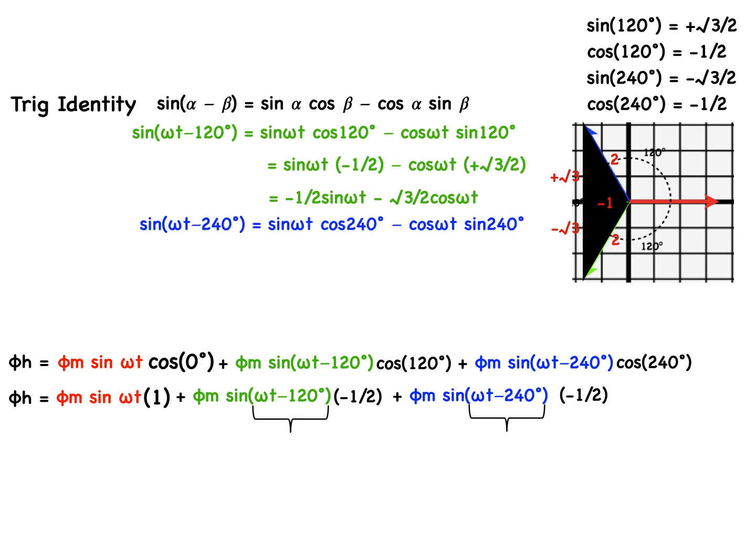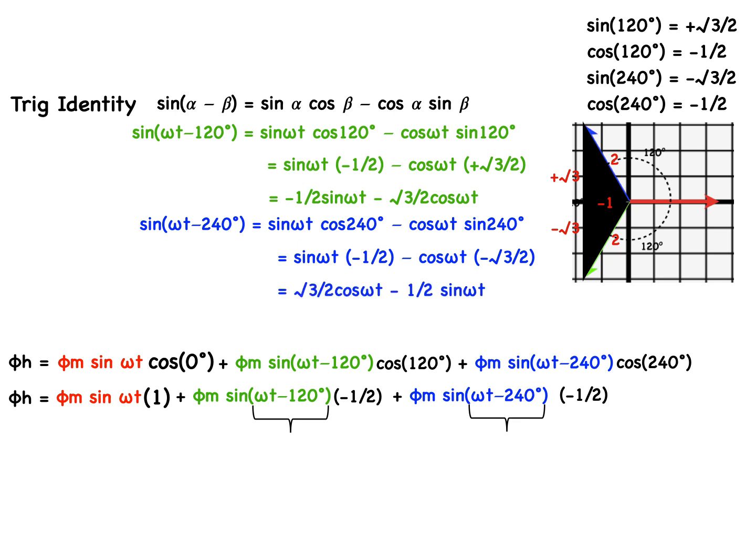Looking at our blue sum, it is actually going to be sine omega t minus 240 degrees, which is equal to sine omega t cos 240 degrees minus cos omega t times sine 240 degrees. That can be rewritten with the substitute of the cosine and sine of 240 to give us sine omega t times minus 1/2 minus cos omega t times minus root 3 all over 2.